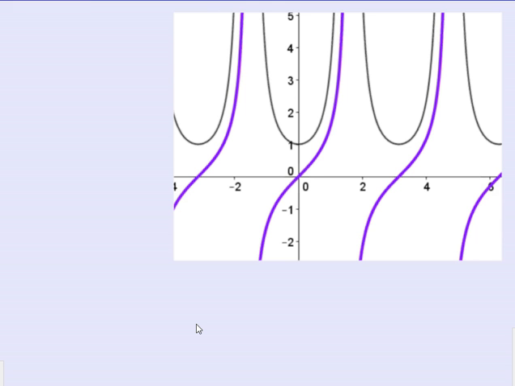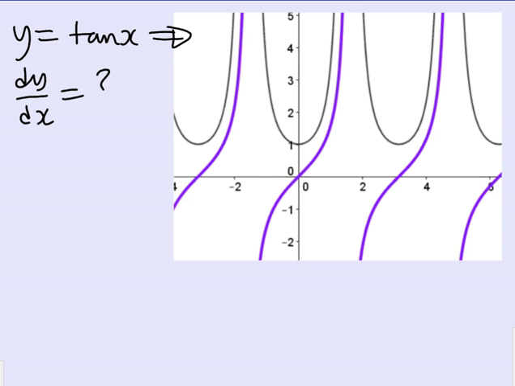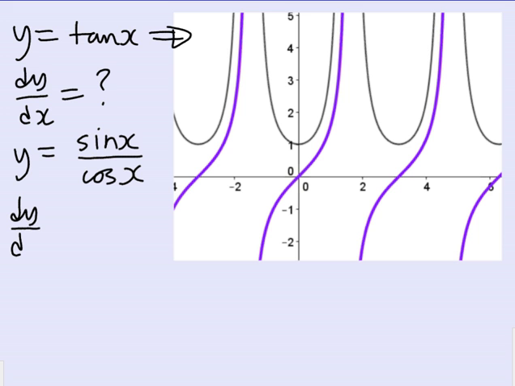In other words, if y is tan x, therefore dy over dx, well, what is it? Well, thankfully, we know that tan x is sine x over cosine x, and that's a quotient, so we can use our old friend, the quotient rule.